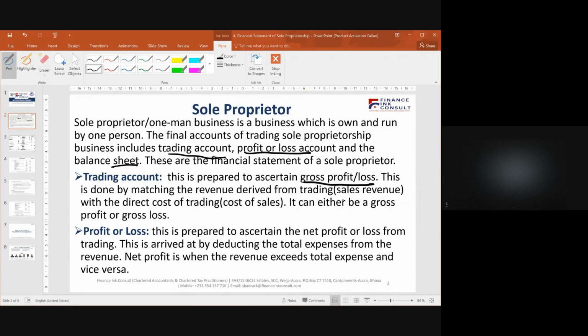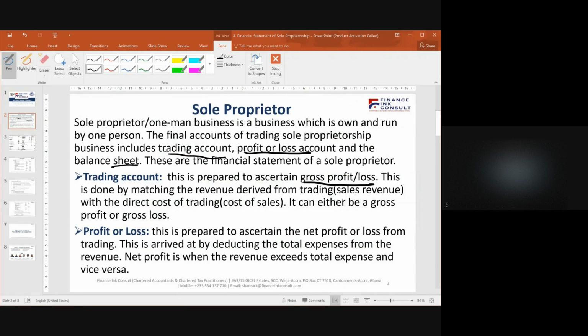That's to do with cost of sales. All right, so that will be our cost of sales. Basically, cost of sales has to do with all the costs we incur in acquiring and purchasing the product that we sell.